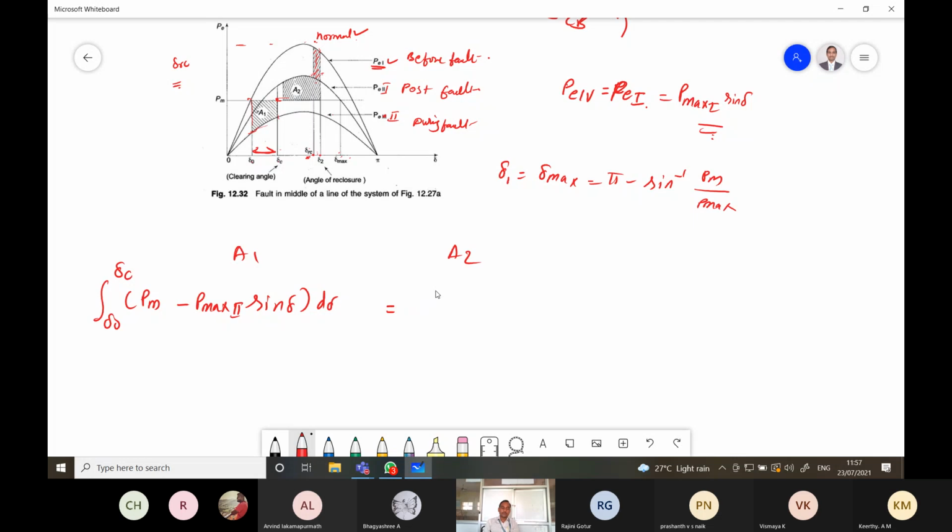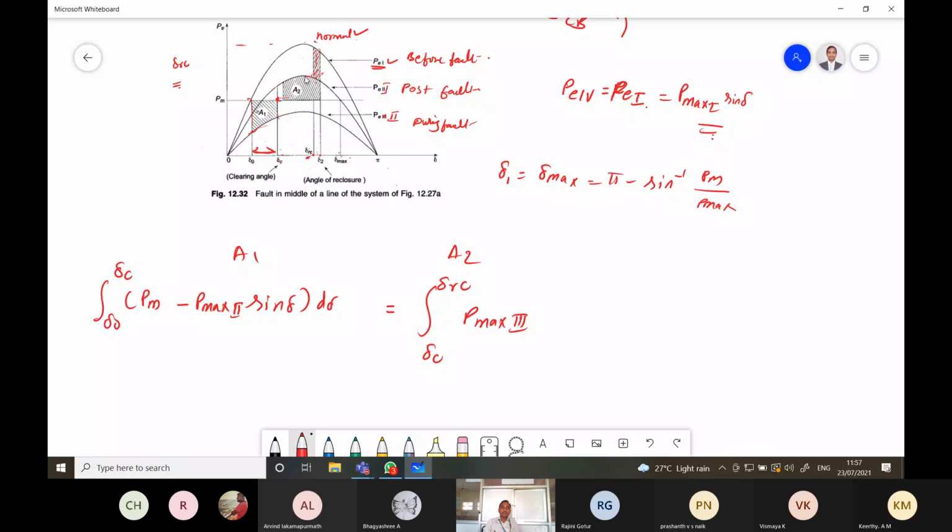Clearly, what is A2? A2 is from this point, delta C, to delta RC, here to here. P max 3 is there at this point.